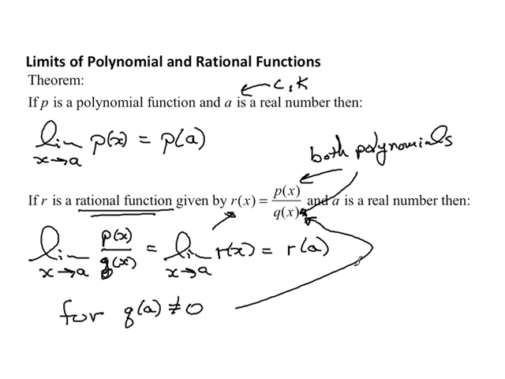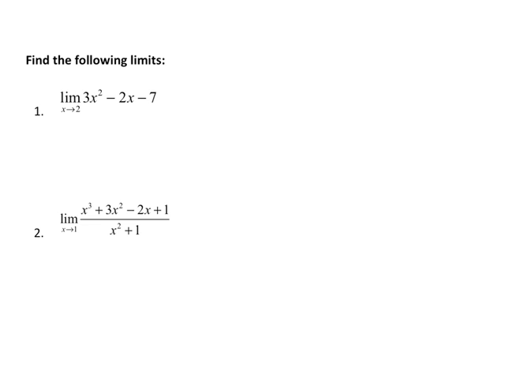So we can start putting all those ideas together to start finding some limits. So let's find the limit as x approaches 2 of 3x squared minus 2x minus 7. That's pretty straightforward because this is a polynomial. So this is just going to be equal to 3 times 2 squared minus 2 times 2 minus 7.